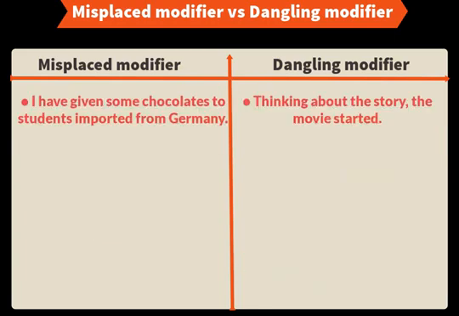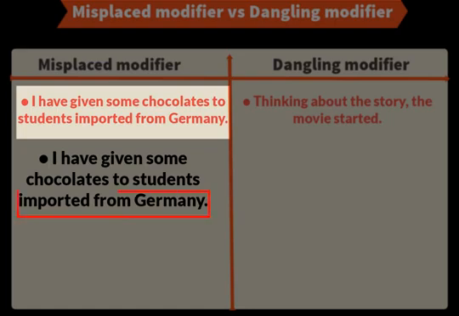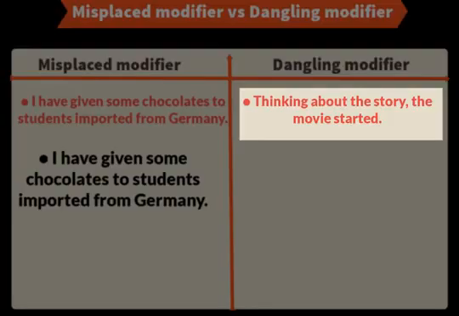So if we look at the first example that we took, I have given some chocolates to students imported from Germany. All that I have to do is I have to place the right word next to our modifying phrase. So I'll say I've given some chocolates imported from Germany to students. But if we look at the second example, thinking about the story, the movie started.